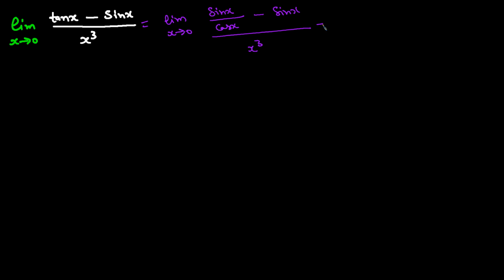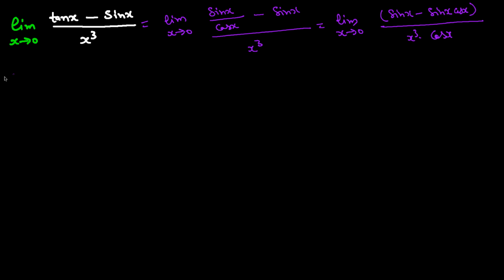And it can be written as limit as x approaches 0, and the numerator becomes sin x minus sin x cos x over x cube times cosine x.